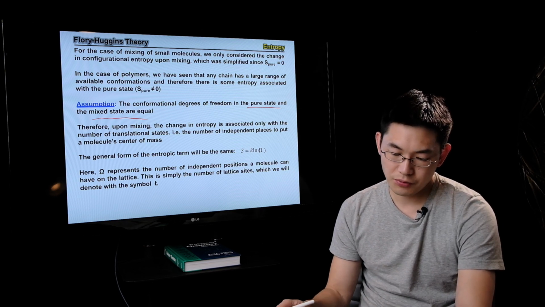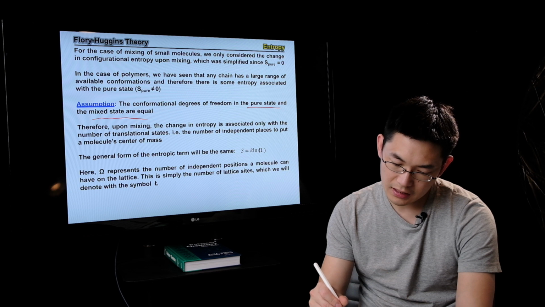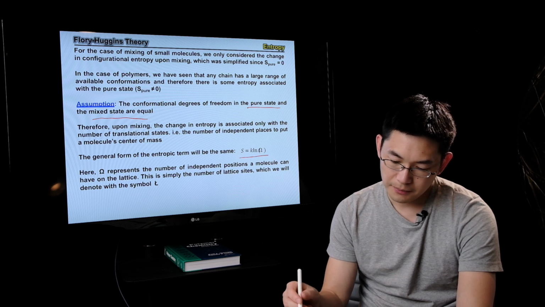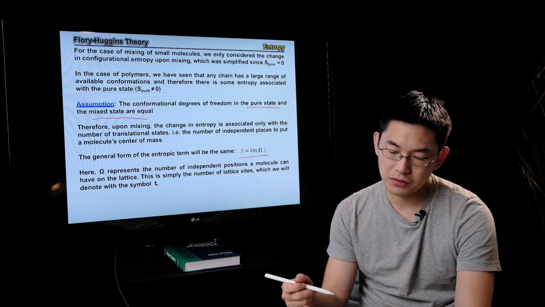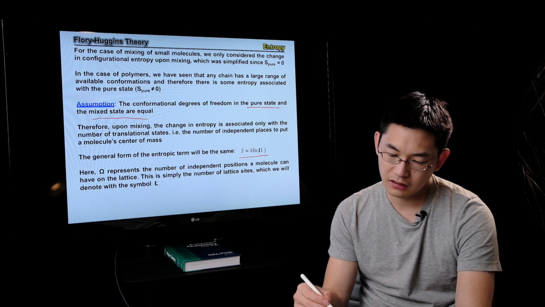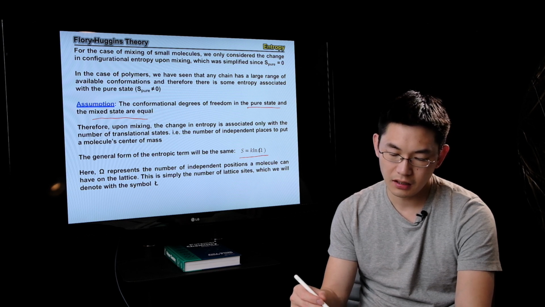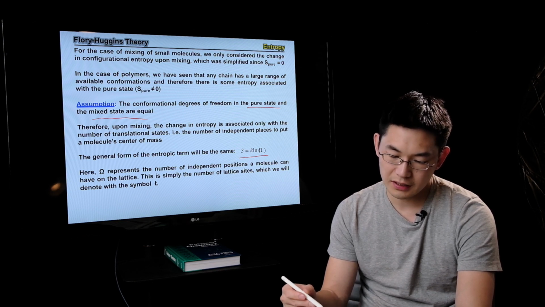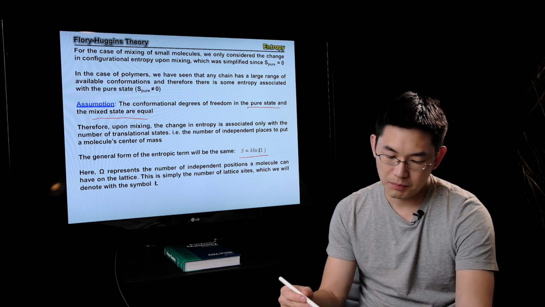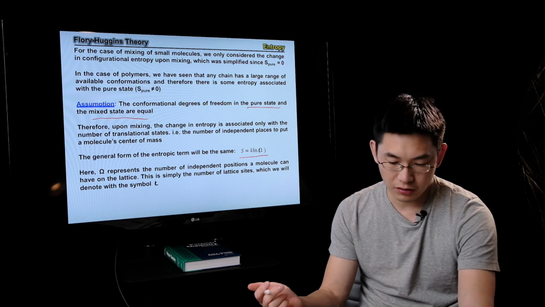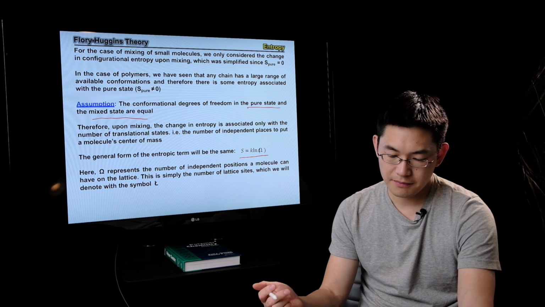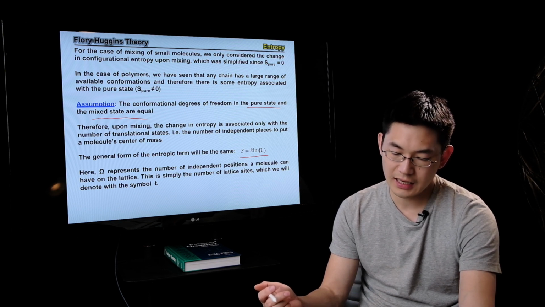A similar approach we need to use is S equals Boltzmann constant k ln omega. Omega is the number of independent positions a molecule can have, or the number of configurations, and we will also talk about a lattice size term.